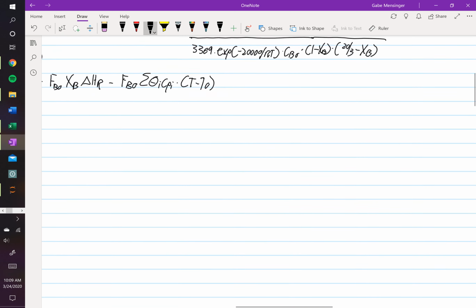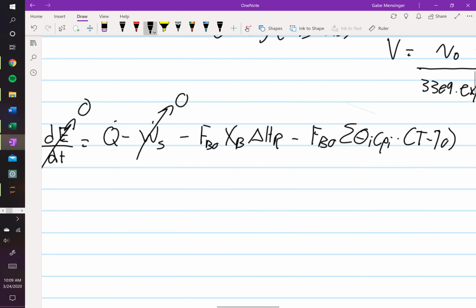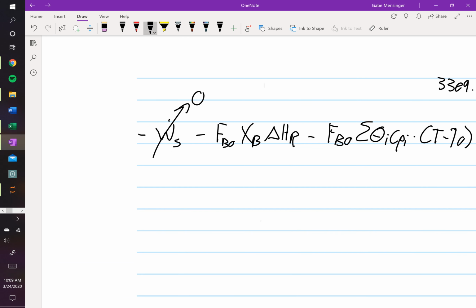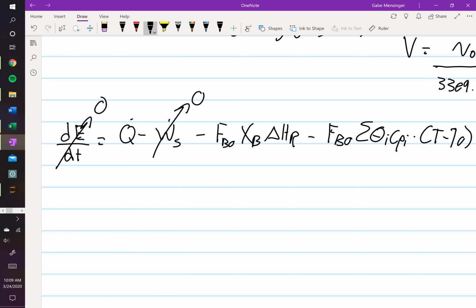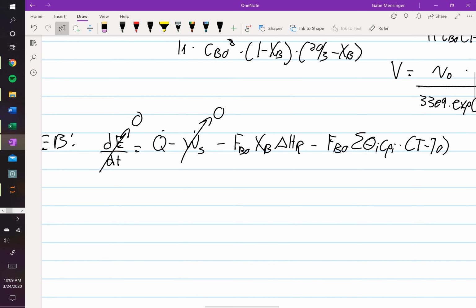So we'll have to consider that in Q. So for a jacket, we know that Q is equal to UA times TA minus T. I believe. Yes.